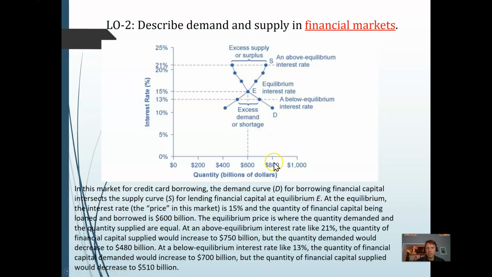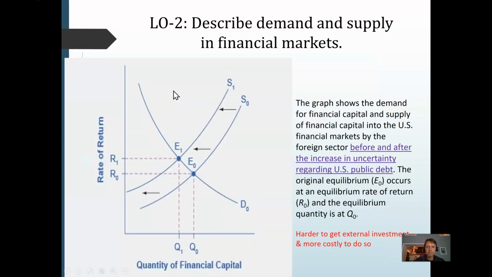So I'm up here at D at almost $800 billion I'll borrow if it's getting closer to that 10% interest rate. And similarly, there's an equilibrium. There's a point where those who are willing to loan money and those who are looking to borrow money match up at that equilibrium. And in this example, it's $600 billion borrowed at an average rate of 15%.